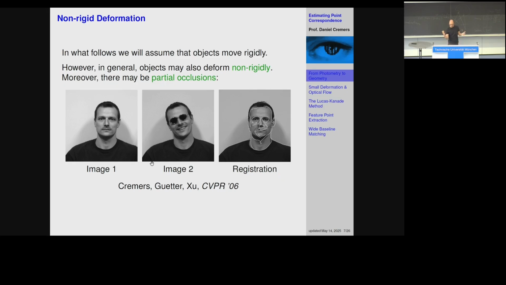If I now say find a correspondence between the two images, well, that's not so easy. There are areas where the colors are consistent, but then there are areas in the mouth and the sunglasses where clearly the brightnesses are not consistent. And still we're able to find a correspondence that allows us to take this image and warp it onto the other one.